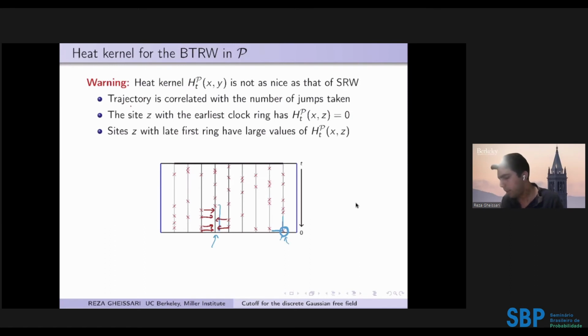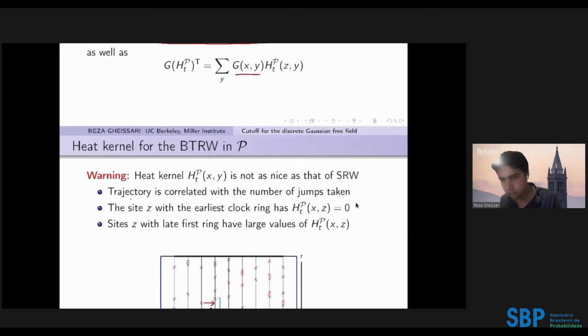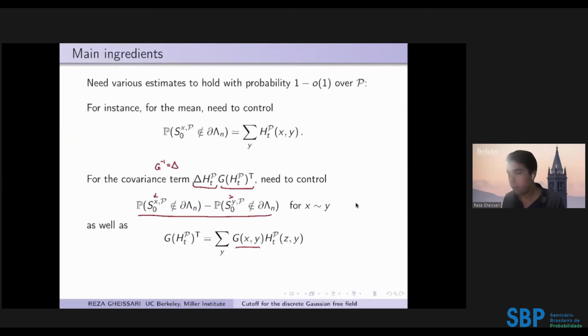Luckily, all the quantities that appear on this slide are averaged quantities in some sense. So you never really need refined local control on the heat kernel, because if you did, then you would lose some logs or something like that.